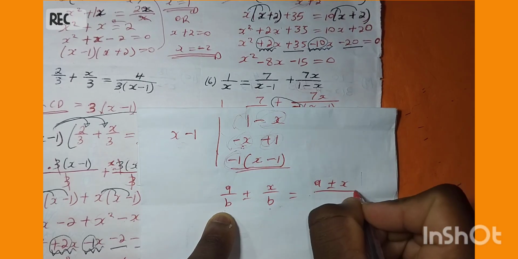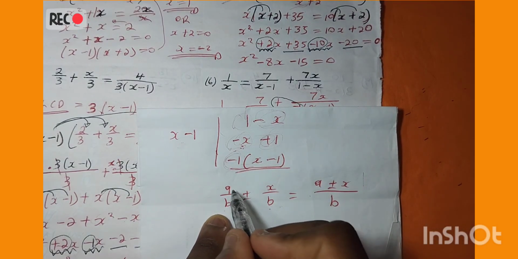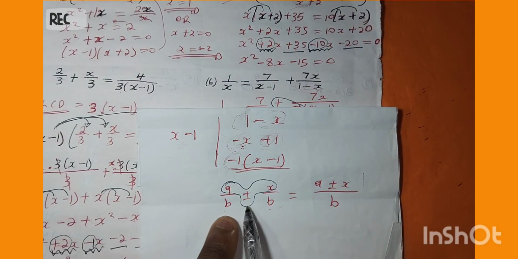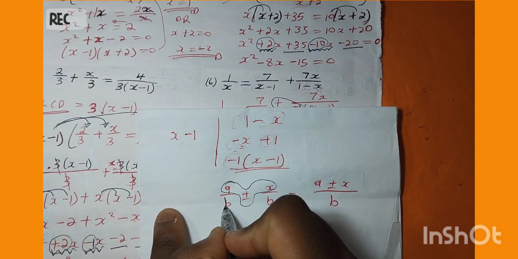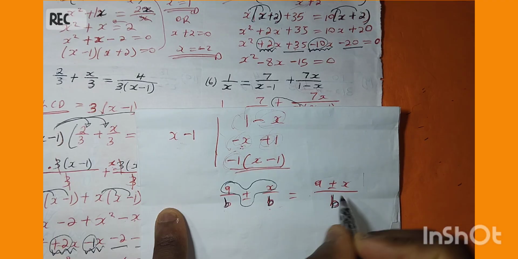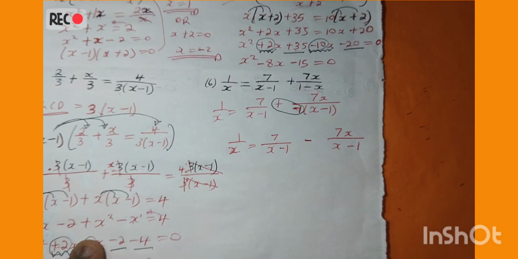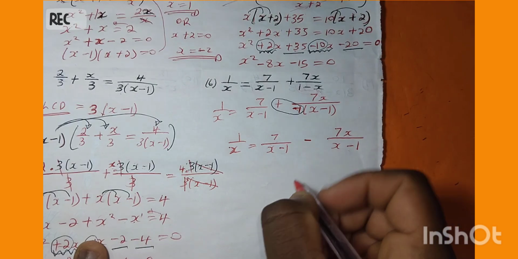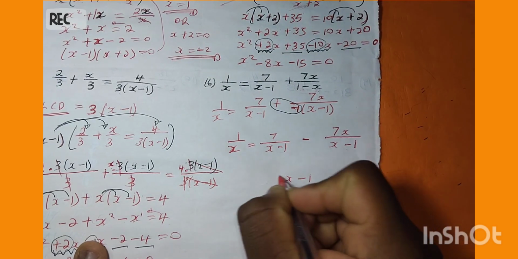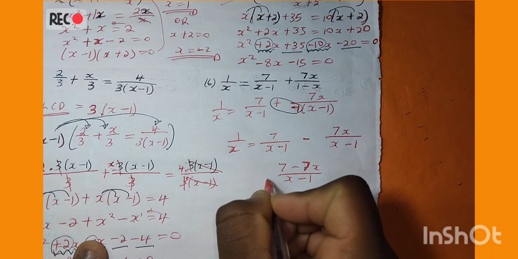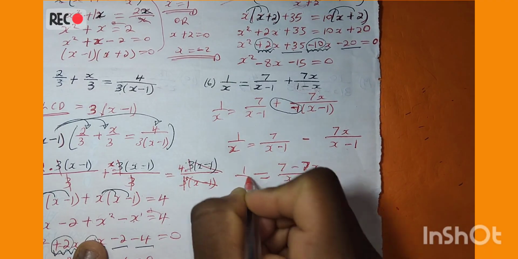You should only consider the numerator there. These two things, because they are the same, they will remain the way they are. You only consider the numerator. This is what I will apply here. The denominator is the same, I will just write them like this. I will only consider the numerator there. Just something like this there.